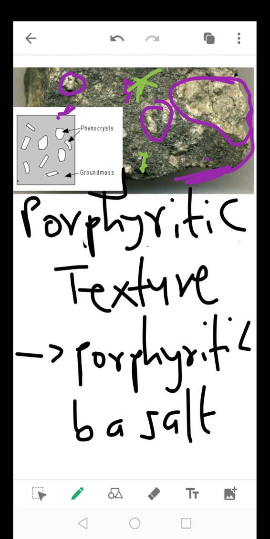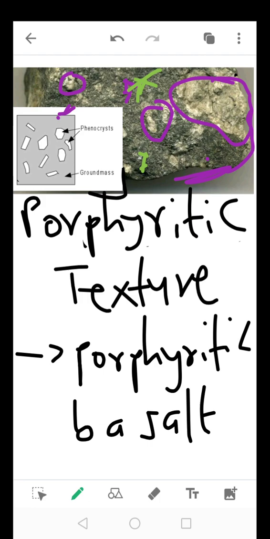So do not forget that these porphyritic textures experienced two stages of cooling: slow cooling to grow few large crystals, followed by rapid cooling to grow many smaller crystals. That in itself will result in what we call a porphyritic texture.